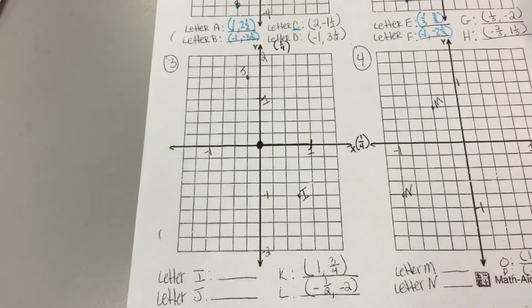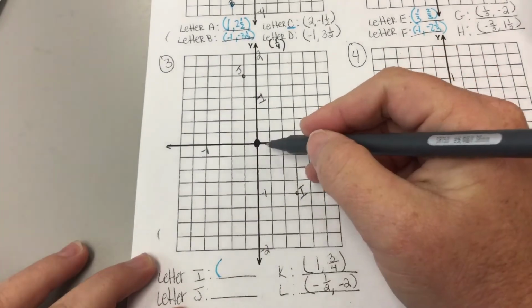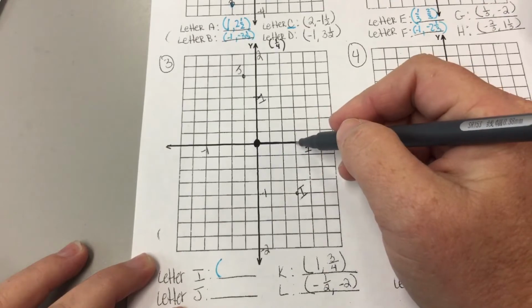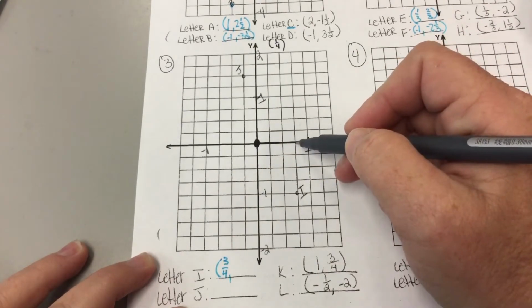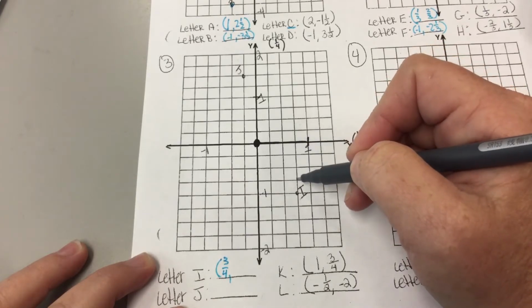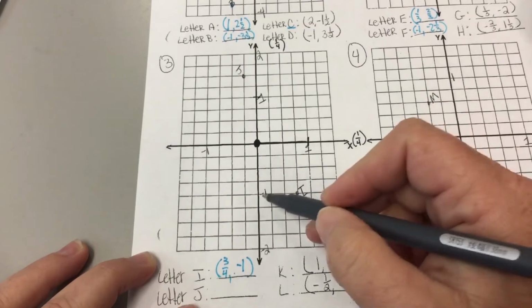All right, now the easy part of identifying the ordered pair for I, which is going to be 1, 2, 3 fourths. And then down, so it's going to be a negative 1, 2, 3, 4. So it's going to be -1 because it falls at the -1.